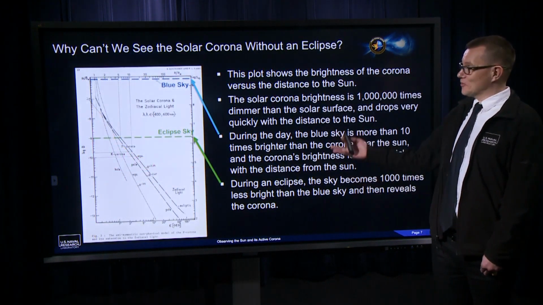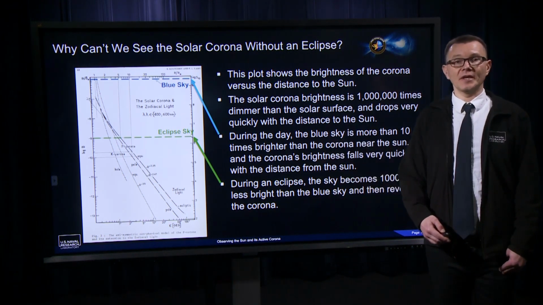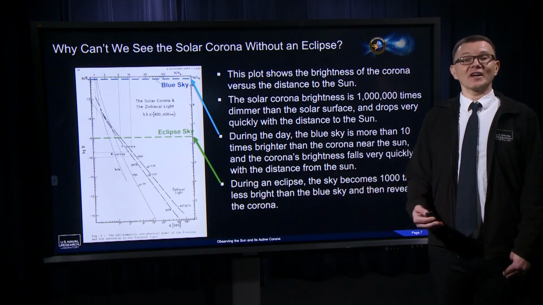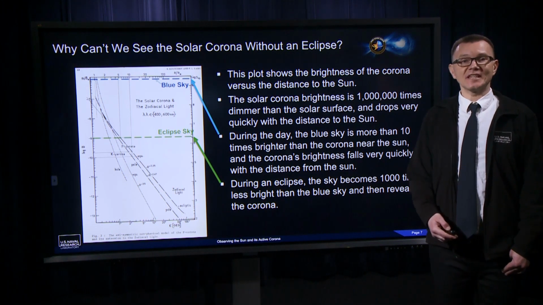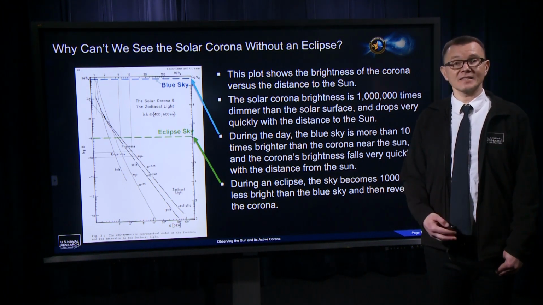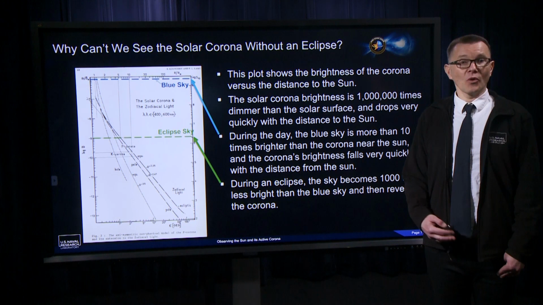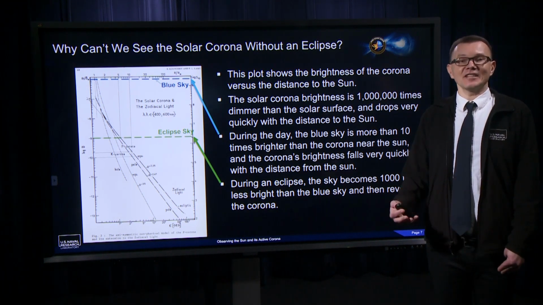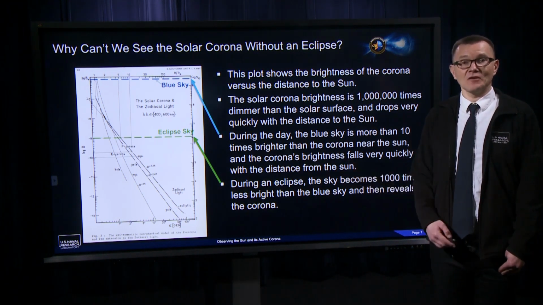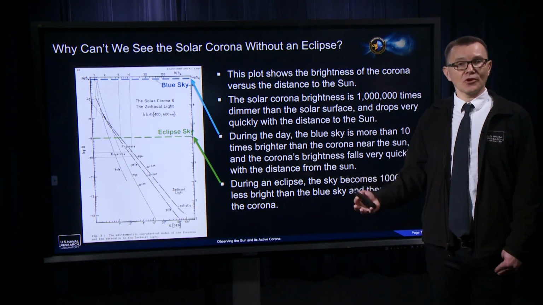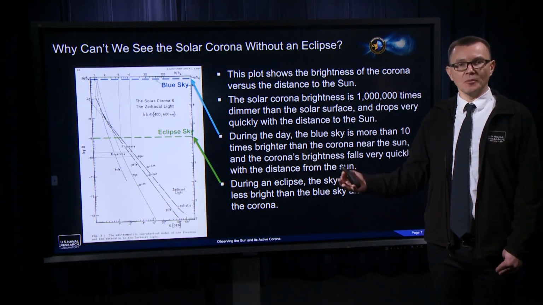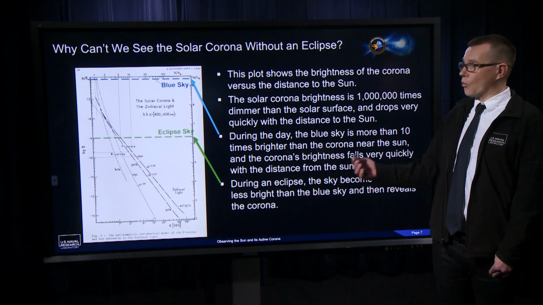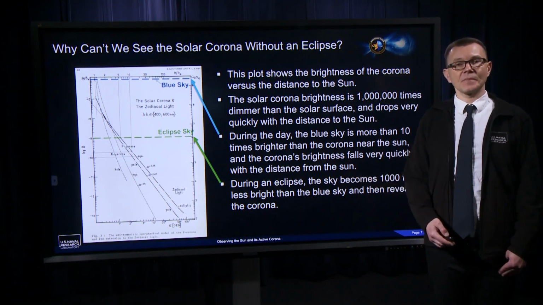This fancy and old plot that I will show here gives the brightness of the corona versus the distance to the Sun. Both axes are in log scale. What that means is that if I take the brightness on the vertical axis, for example, each number corresponds to a factor 10 drop in the brightness as you get further away from the Sun.